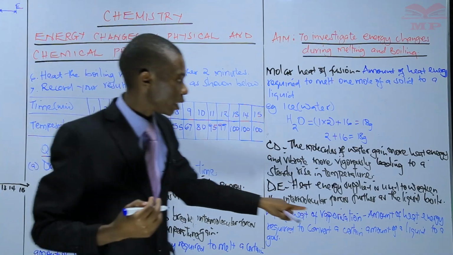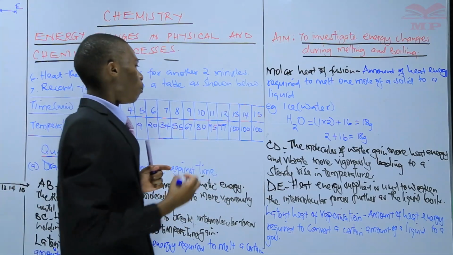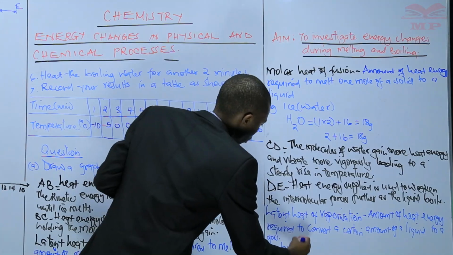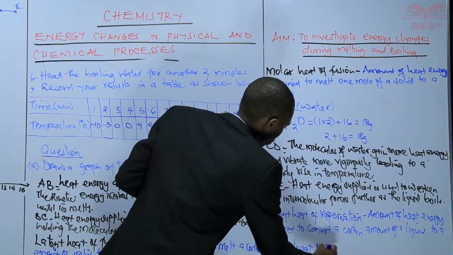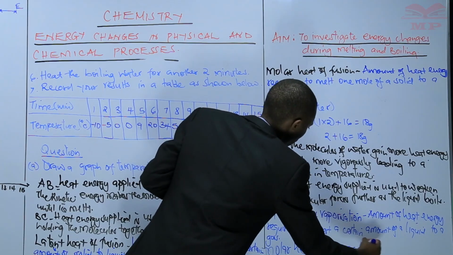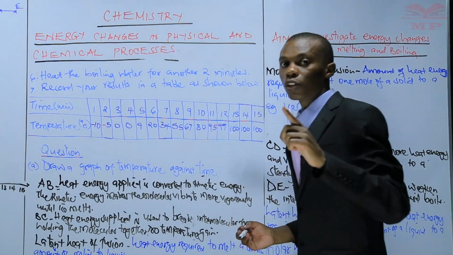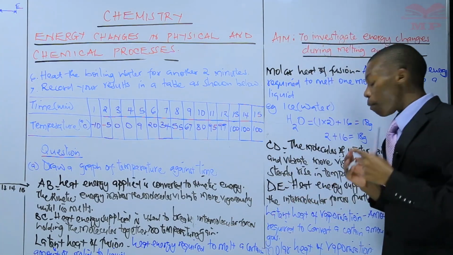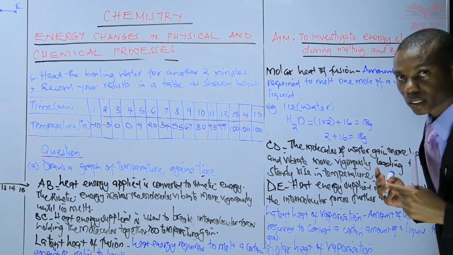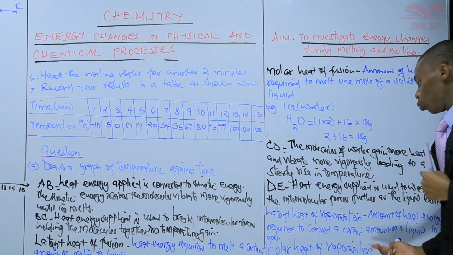If this certain amount of a liquid is 1 mole, then it would be the molar heat of vaporization. So the molar heat of vaporization would be the amount of heat energy required to convert 1 mole of liquid water to a gas.